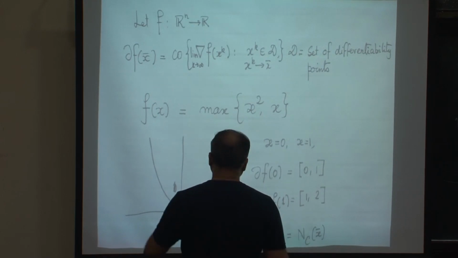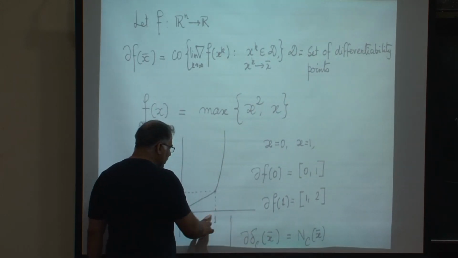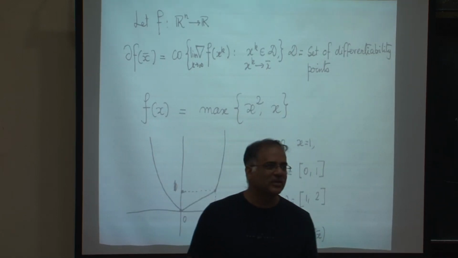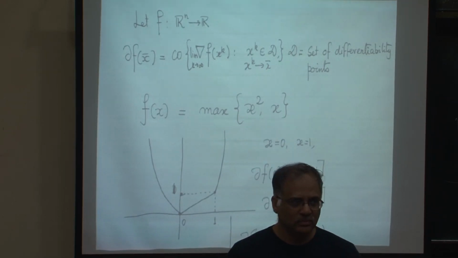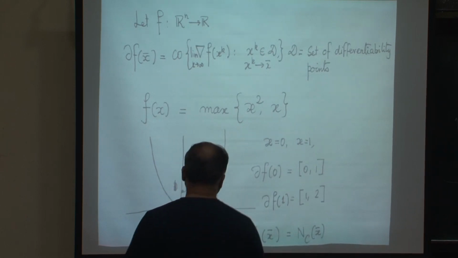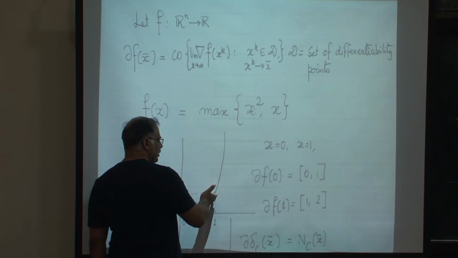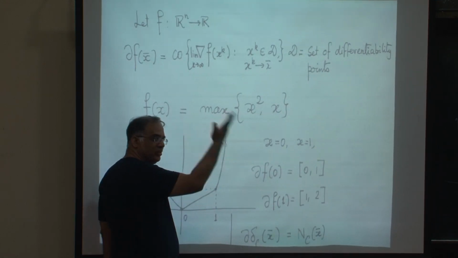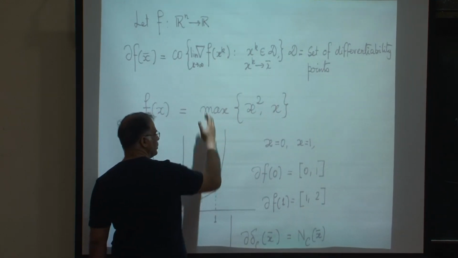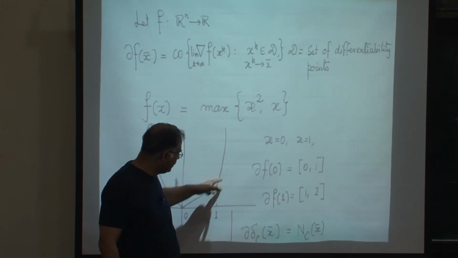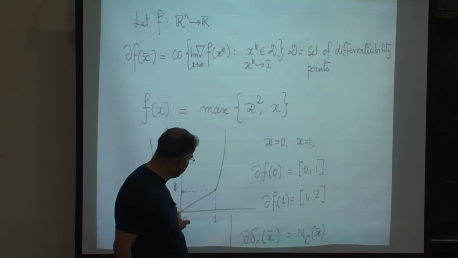So the graph is here. But in the positive part, between 0 and 1, x is always bigger than x square, so you just take this part. After 1, x square is again bigger than x, so it goes up. So here you have a straight path, and you have non-differentiable points.